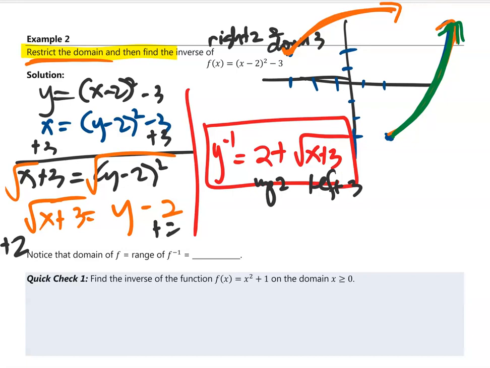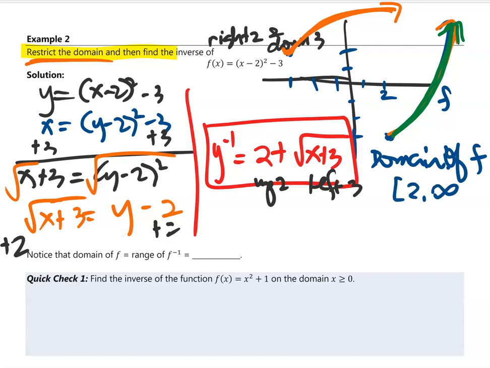So now let's define the domain and range of our f and the inverse. So domain of our f, so this is our f, is, so remember this is from 2, so that is from 2 to positive infinity.